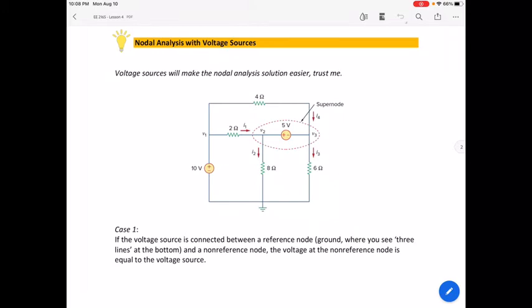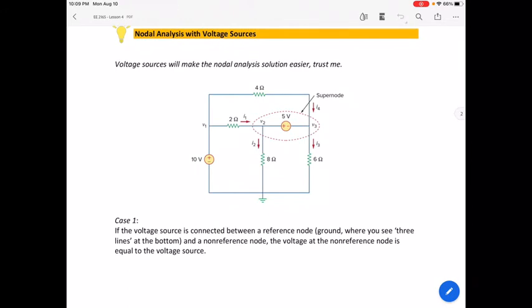It was a bit lengthy, but with voltage sources, the solution will be a little bit shorter. As I've written here, the voltage sources will make the nodal analysis solution easier, and I'm going to illustrate that.